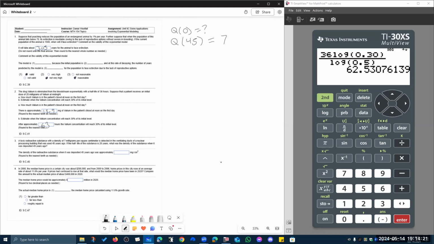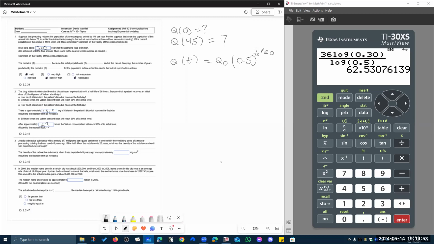We have the model that Q at time t is equal to Q at time 0 times, and now this says half-life, so this is going to be 1/2 to the little t over, and then big T here for the half-life is 20 years.